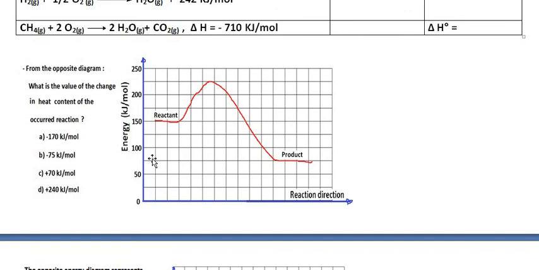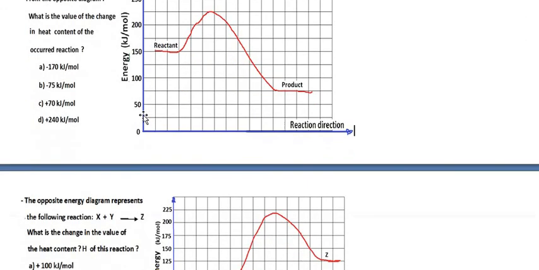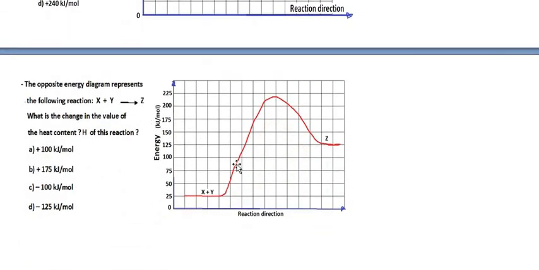This is a small number, 75, minus the heat content here, which is 150. 75 minus 150 gives minus 75 kilojoule. This is the value of delta H, kilojoule per mole. Okay. This is an endothermic reaction. Here the heat content is low, but here the heat content is large. So this reaction is endothermic. It absorbs energy, so its energy increases from the low value to the high value.